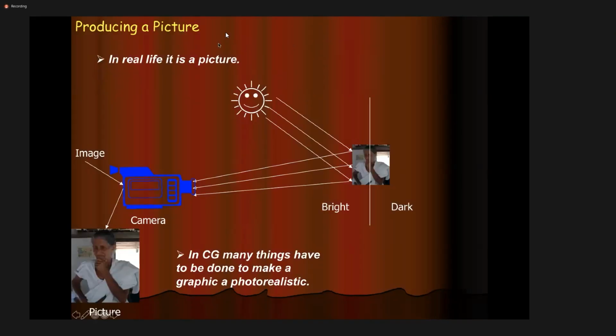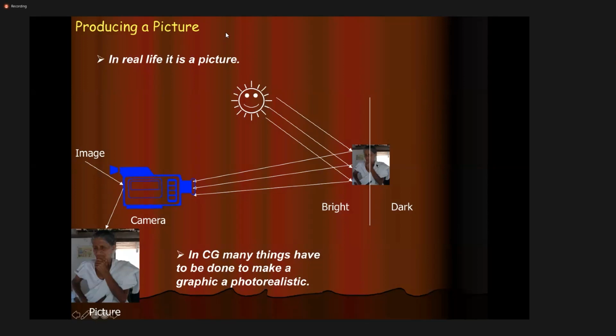So when you are producing a picture, suppose there's a person here. We see this person by using this picture. We are creating some kind of light rays. It's a real life picture. Those light rays come and are incident on this particular person, and reflected rays are coming to the camera.